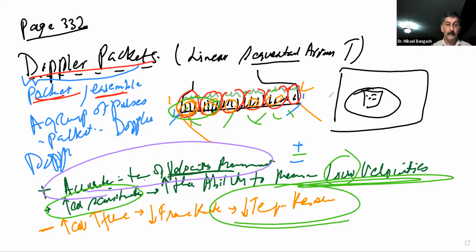So one thing to remember is what a Doppler packet, or what we call an ensemble, is: a Doppler reading which is not made out of one pulse from one of the PCTs, but where groups of PCTs make up a packet.